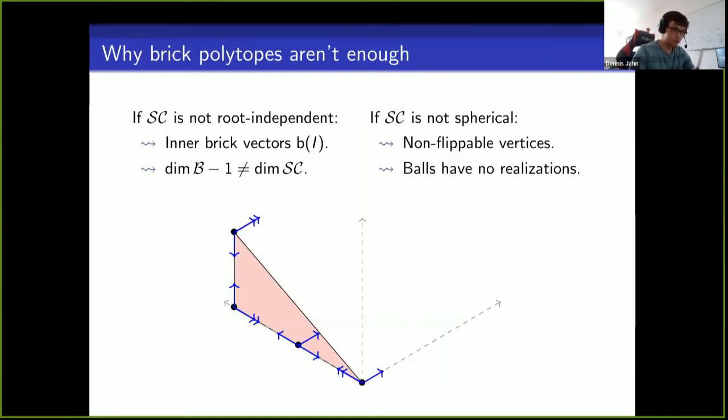Okay, brick polytopes were introduced by Pilaud and Stump for spherical Subword complexes, but what about the other ones? What about non-spherical Subword complexes? If we take a closer look at the example for the non-spherical Subword complex, I'll explain where brick polytopes fail in this scenario. First, what can you see in this picture here?